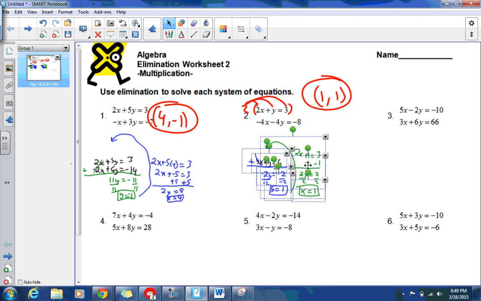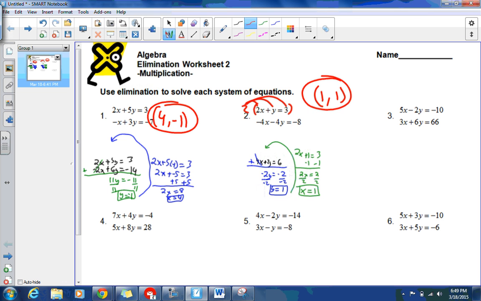Let's go to the third one. Number 3, what can we do with number 3? It looks like the easiest way is to get rid of the y's. I'm going to multiply the top equation by 3, so we have negative 6y. The new equation would be 15x minus 6y equals negative 30.